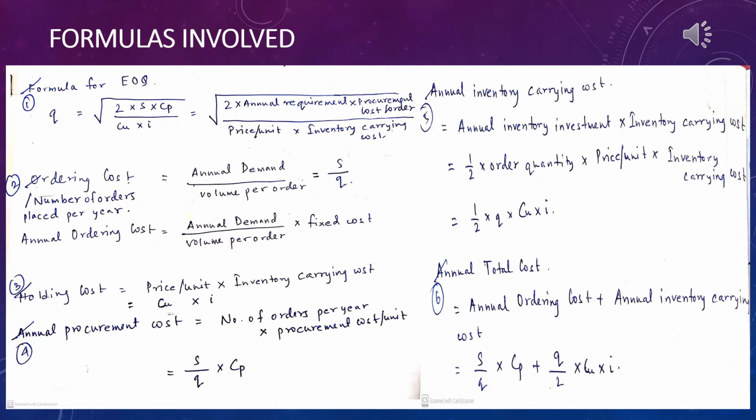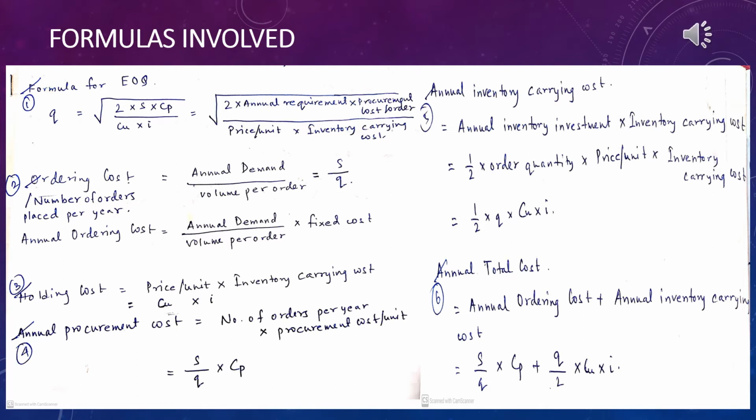So S by Q into CP becomes equal to Q by 2 into CU into I, and from there the first formula which I talked about comes back, where Q equals the root of 2 into S into CP divided by CU into I. These are the formulas which students you need to remember while solving any sums regarding EOQ.